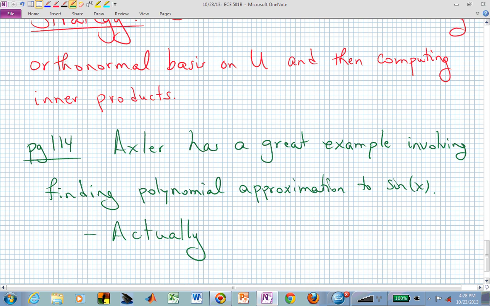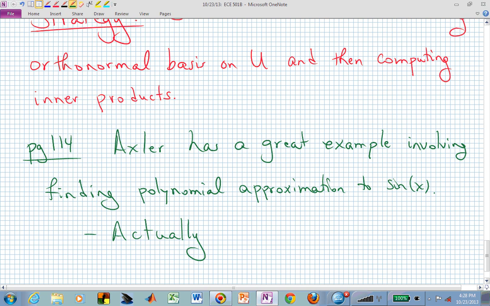Do we remember? If we had x to the fifth plus something x to the fourth, then we have a coefficient on x to the 5, x to the 4, x to the 3, 2, 1, and even the constant. So it's a six-dimensional space, isn't it?